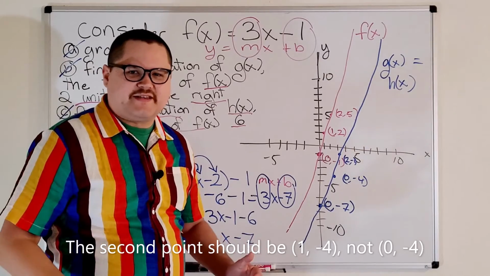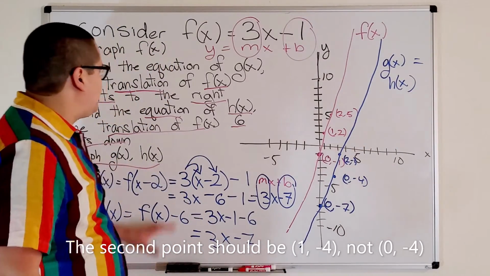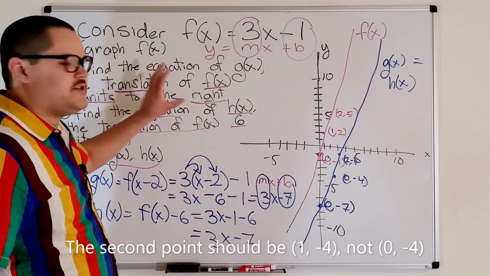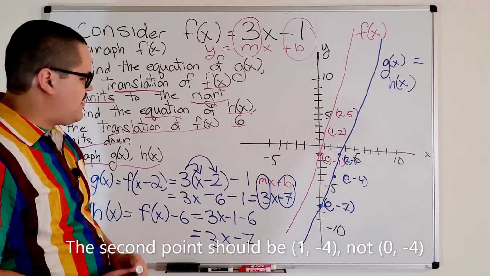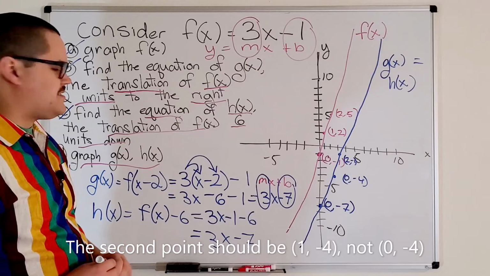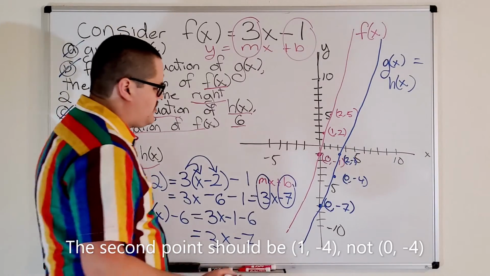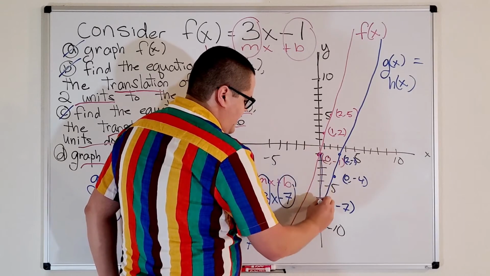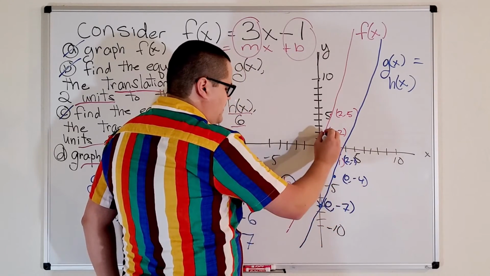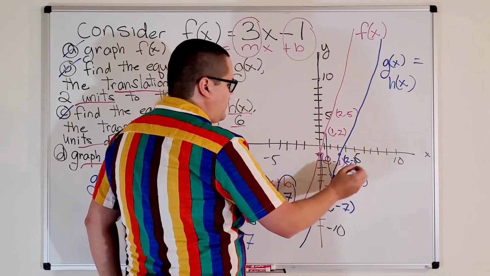But how does it make sense that they're equal if g of x was the translation 2 units right and h of x 6 units down? Well, we can see this from the graph. So if I take the pink line and I move everything 6 units down, yes, indeed, I do end up on the blue line.